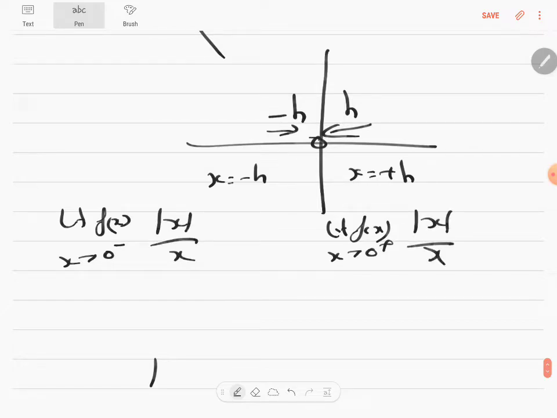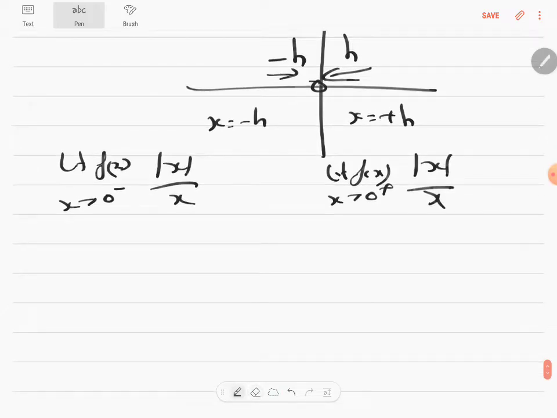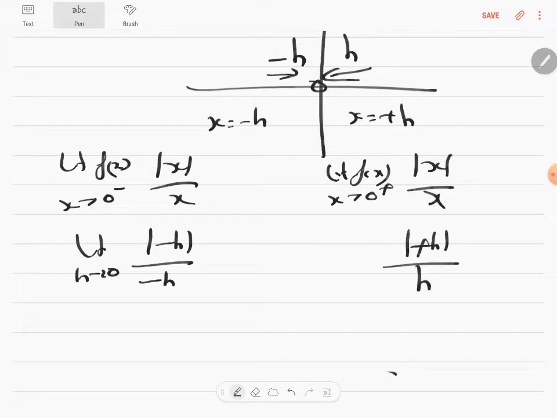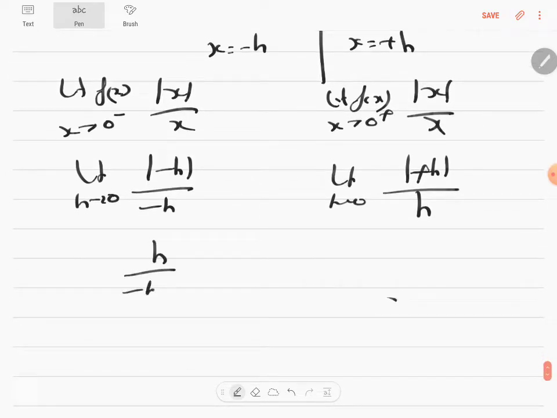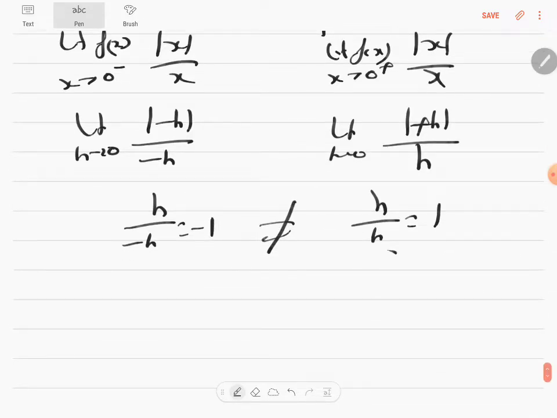But I am going to replace x as minus h, so minus h by minus h (mod of minus h by minus h), limit h tends to 0. Here also, for the right hand limit, it is plus h by plus h, limit h tends to 0. This will be mod minus h by minus h, the answer will be minus 1. Plus h by plus h, the answer will be plus 1. They are not the same. So left hand limit is not equal to right hand limit.